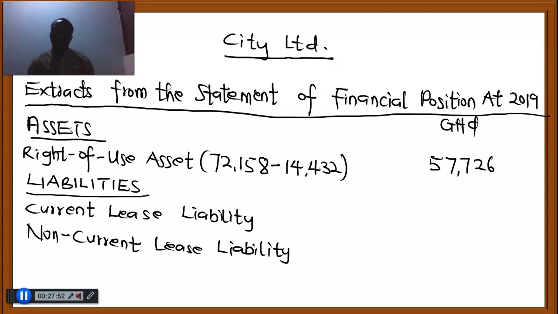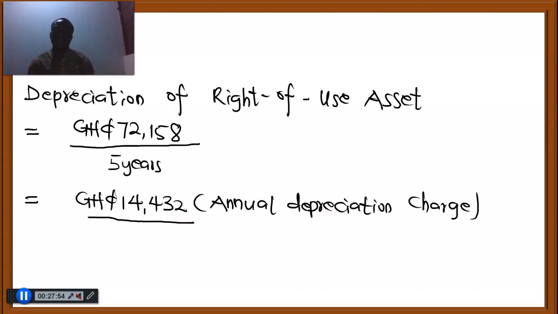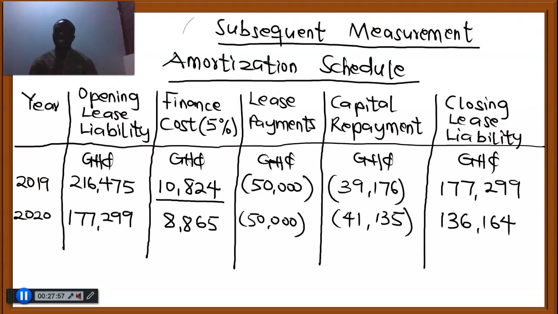Let's refer back to the amortization schedule. You realize that in 2019, the closing balance for lease liability is 177,299. So this is the gross closing lease liability. But then we can split this balance into its component parts. It contains a current component and a non-current component.